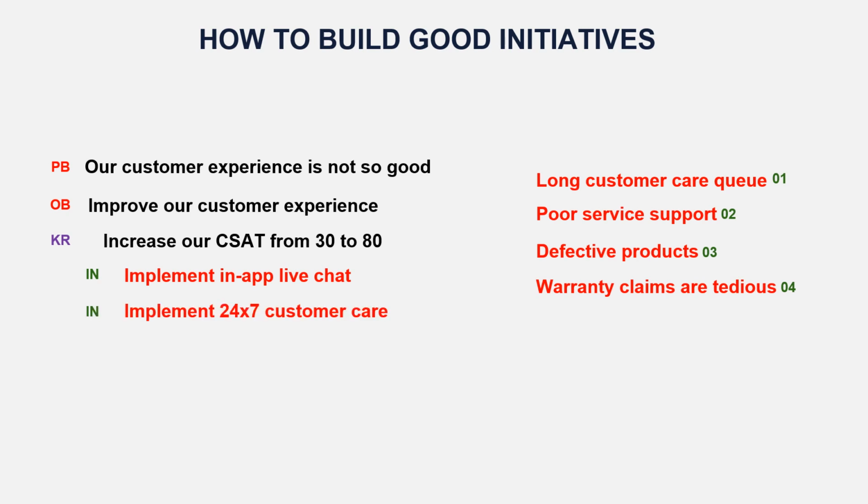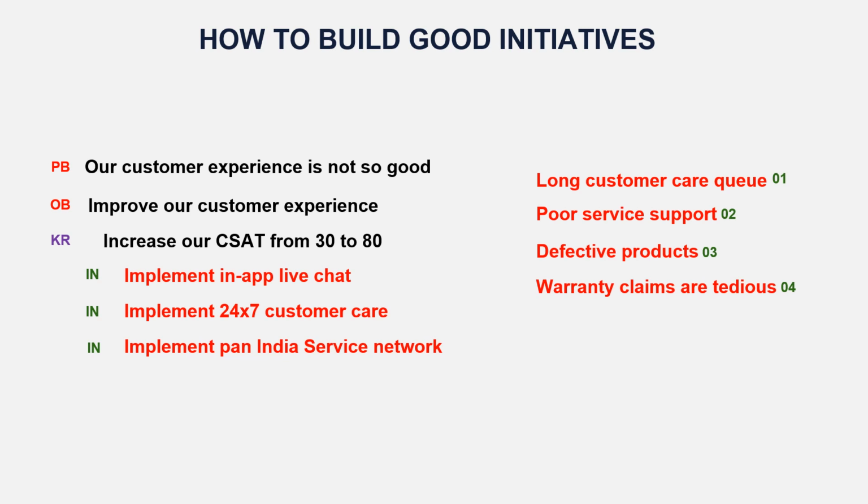The second initiative they come up with is to implement 24/7 customer care, which can further increase the number of unattended customers, or number of customers that can be reached out with the large amount of network.